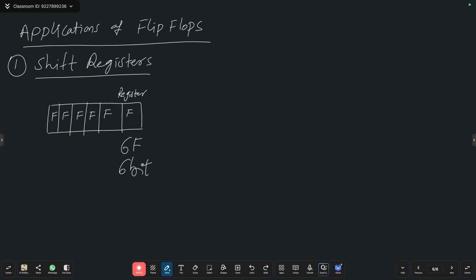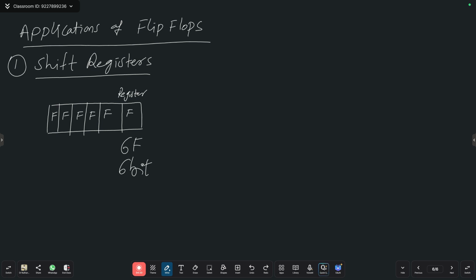For transferring the data and for storing the data, we can use the shift register. How to store, you know already. How to transfer, we are going to learn in the next topic.